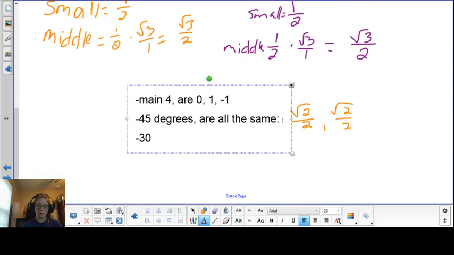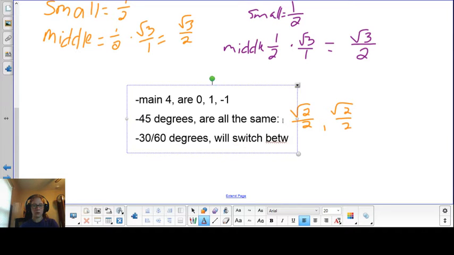And 30 and 60 degrees will switch between the following two numbers.